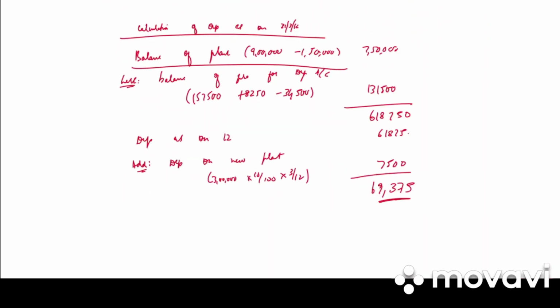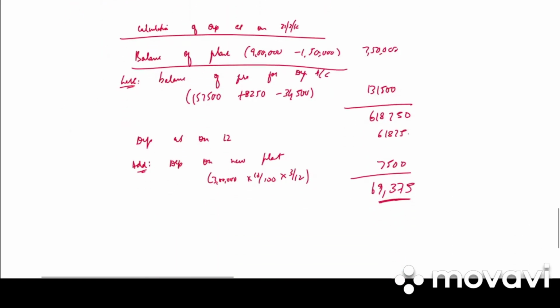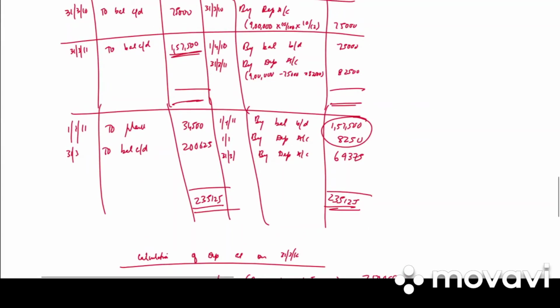We know the balance of plant. 9 lakh was the total. 1,50,000 we sold. Then less the balance of provision for depreciation. Add this and deduct the accumulated depreciation. Whatever answer you get the depreciation and add the depreciation of new plant. So the remaining depreciation is got as on 31st March 2012. Clear? The diminishing method is a little tricky in case of provision for depreciation.